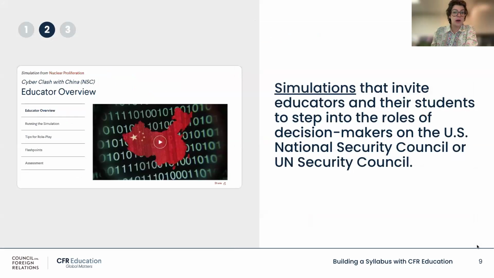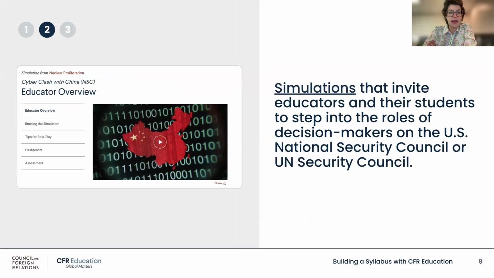In addition to our readings and videos and timelines, CFR Education also offers over 60 different simulation scenarios of varying lengths that invite you and your students to step into the roles of decision makers in the U.S. National Security Council or the UN Security Council.